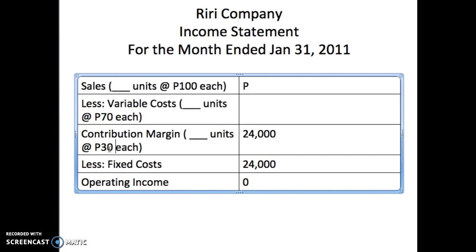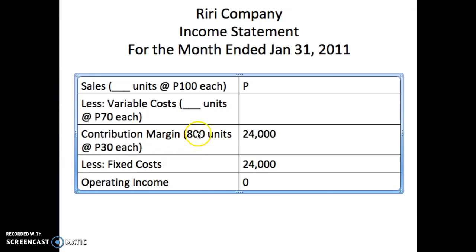Now that we know that, we can already determine the number of units that was sold. We simply use algebra. We know that the peso value is 24,000 for contribution margin. Divided by the contribution margin per unit, divided by 30, we will get 800 here.